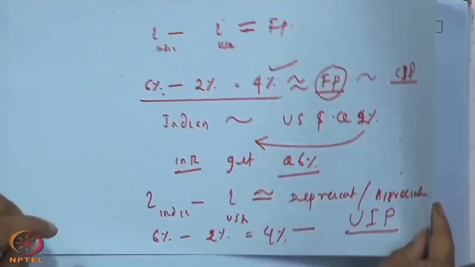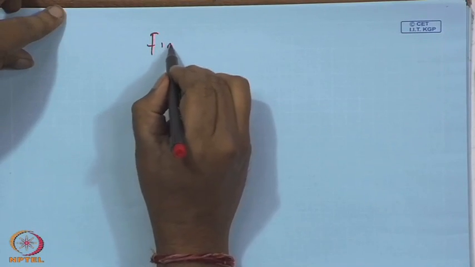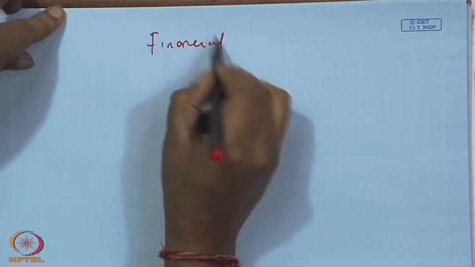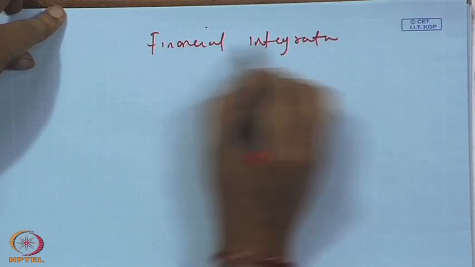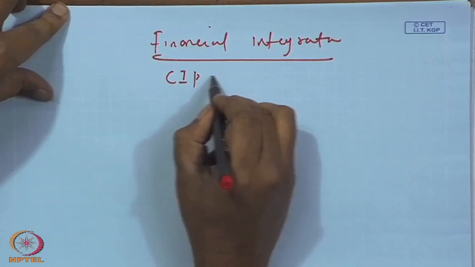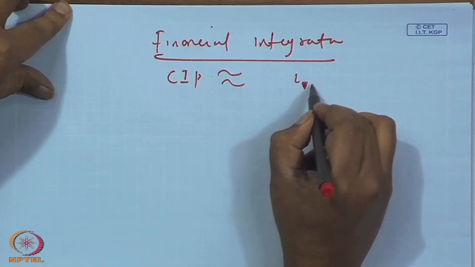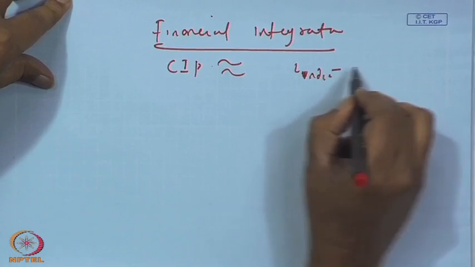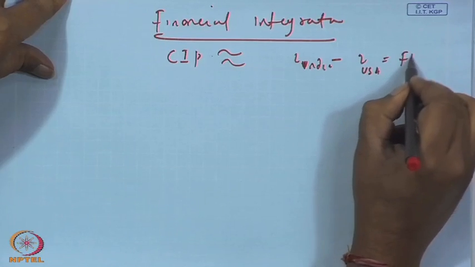International financial integration leads to covered interest parity, that is, the interest rate in India minus the interest rate in the US should equal the forward premium.